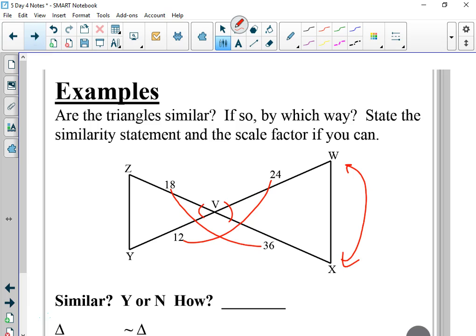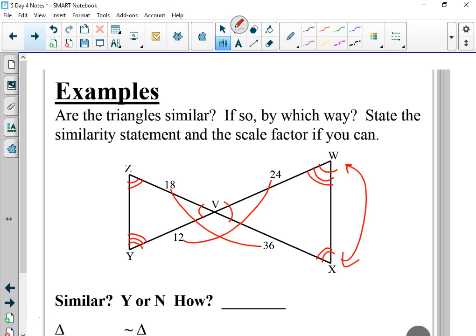If we could turn to one side, it would work out. So what we've got to be careful about is, therefore, Z does not line up with W. Z is going to line up with X. And Y is going to line up with W.